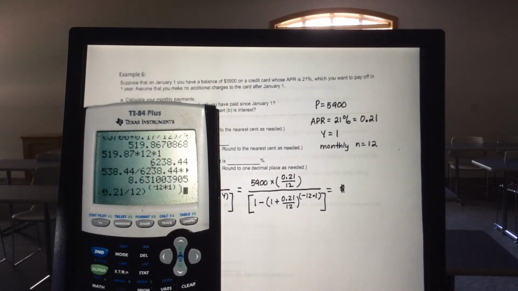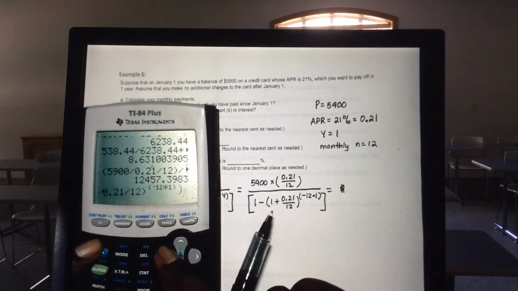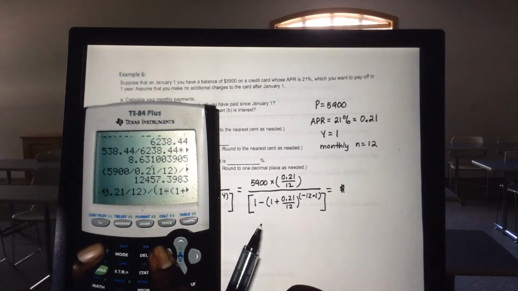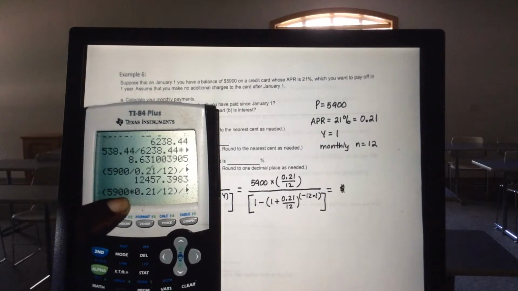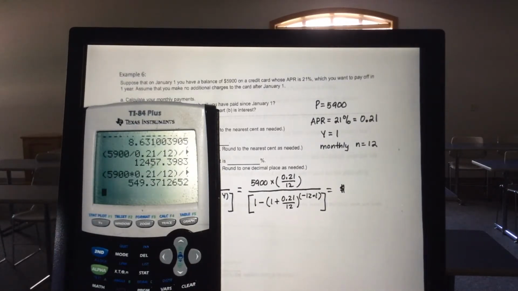And then close the parentheses, and then hit enter. I must have done something wrong here. Oh, I see. This should be a times sign. 5,900 times 0.21 divided by 12. There we go.